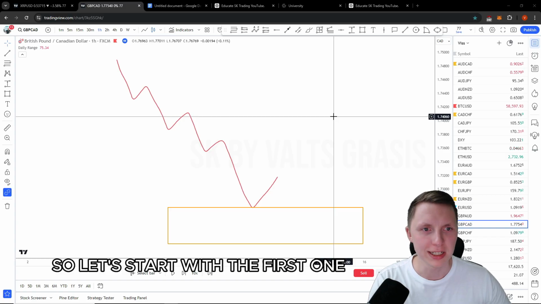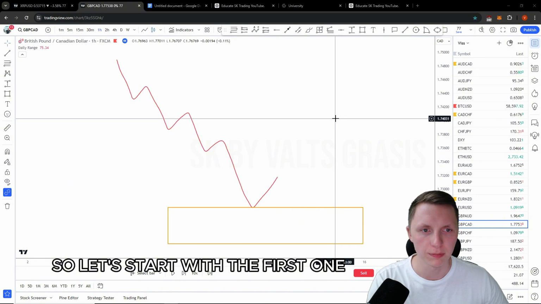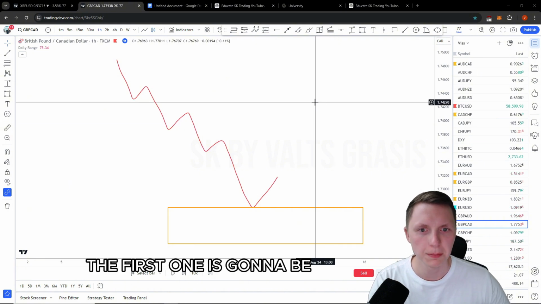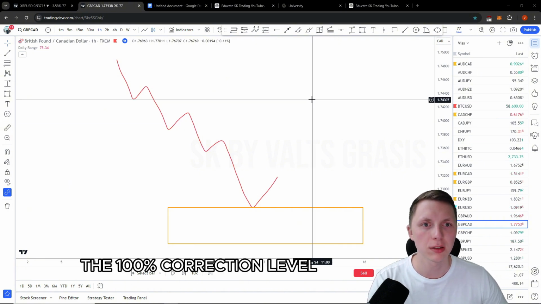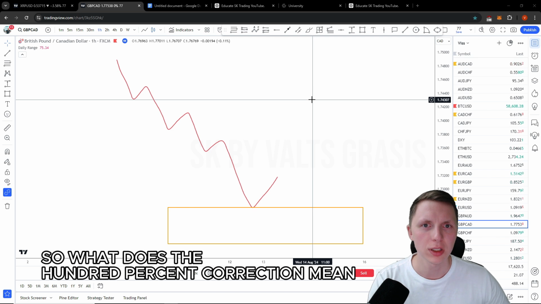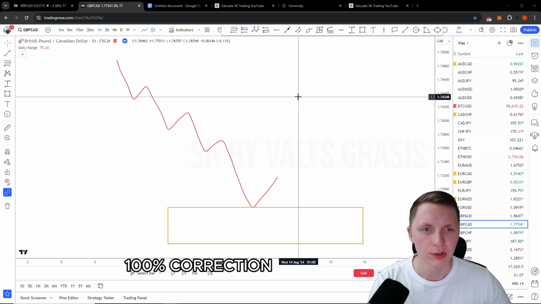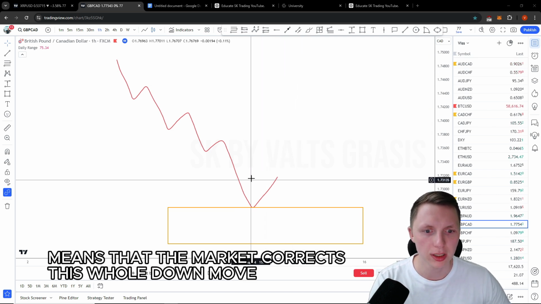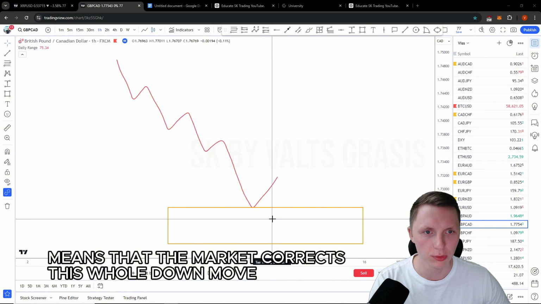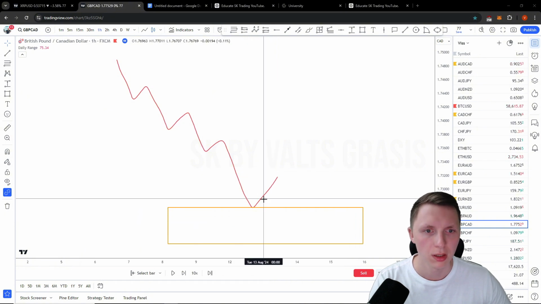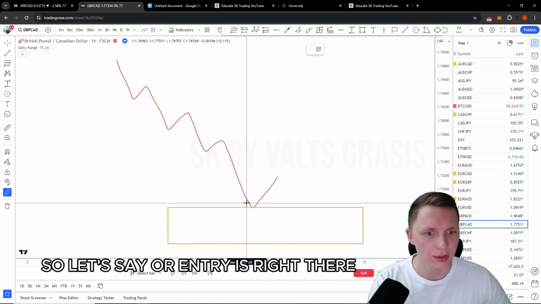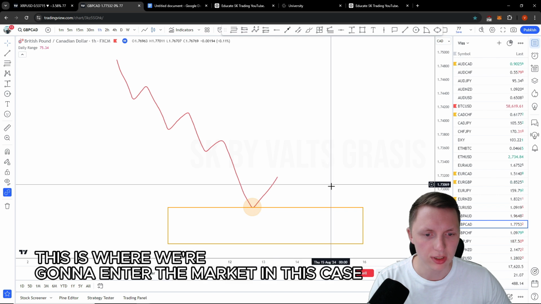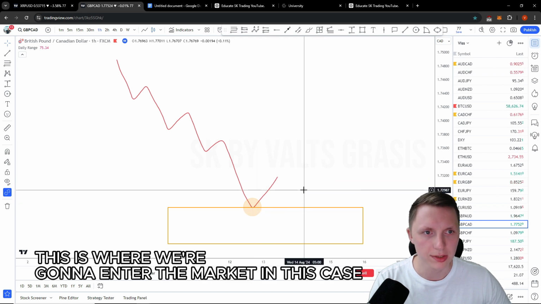So let's start with the first one. The first one is gonna be the 100% correction level. So what does the 100% correction mean? The 100% correction means that the market corrects this whole down move or up move. So let's say our entry is right there. This is where we're gonna enter the market in this case.